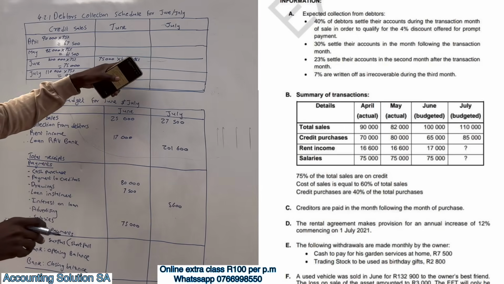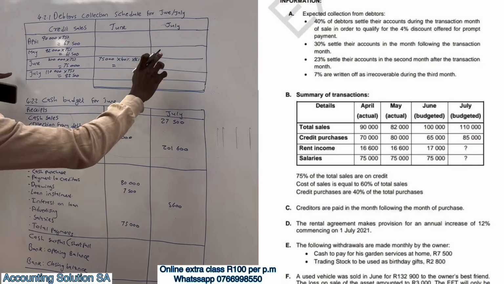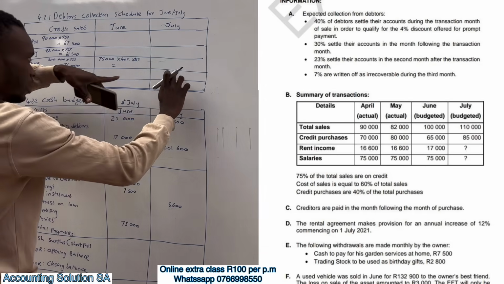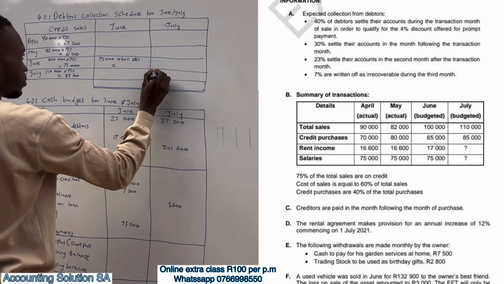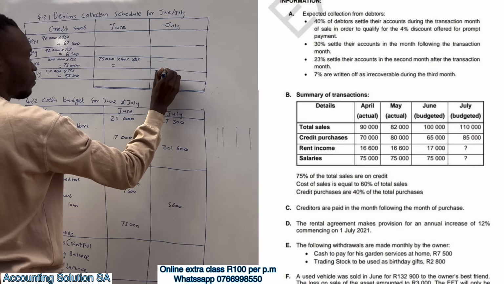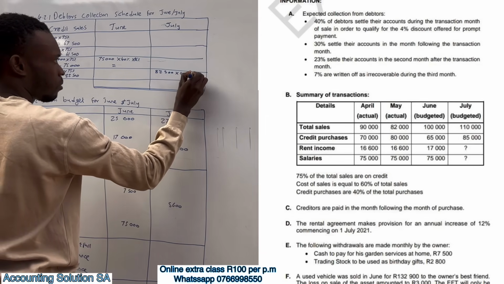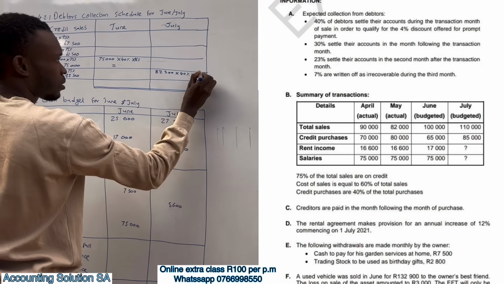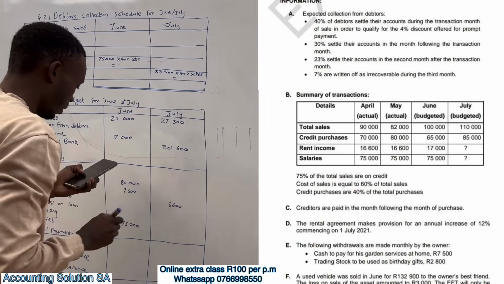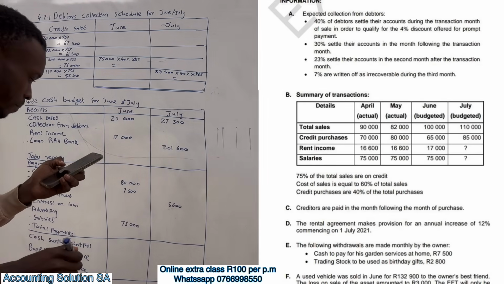Now, before we calculate the amount here, let's do July and July, where they meet here. It's going to be 82,500 multiplied by 40% multiplied by 96%. Okay, now let's calculate.